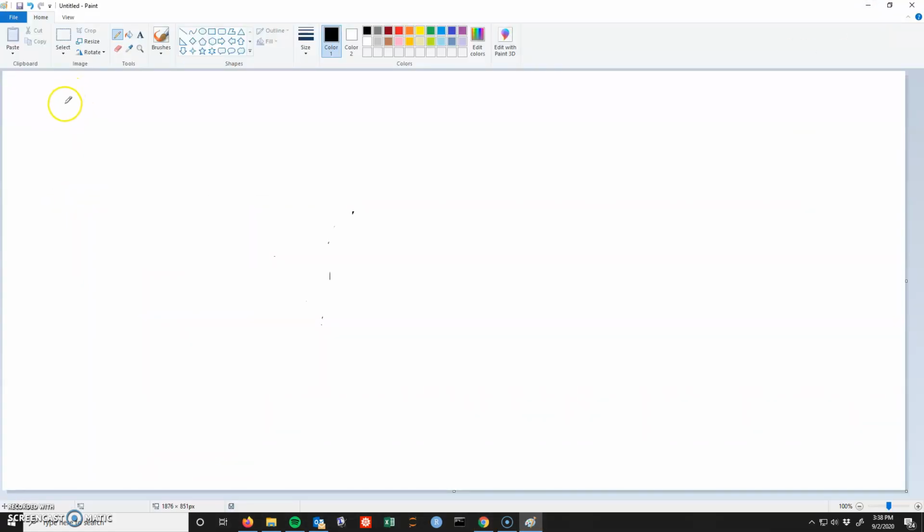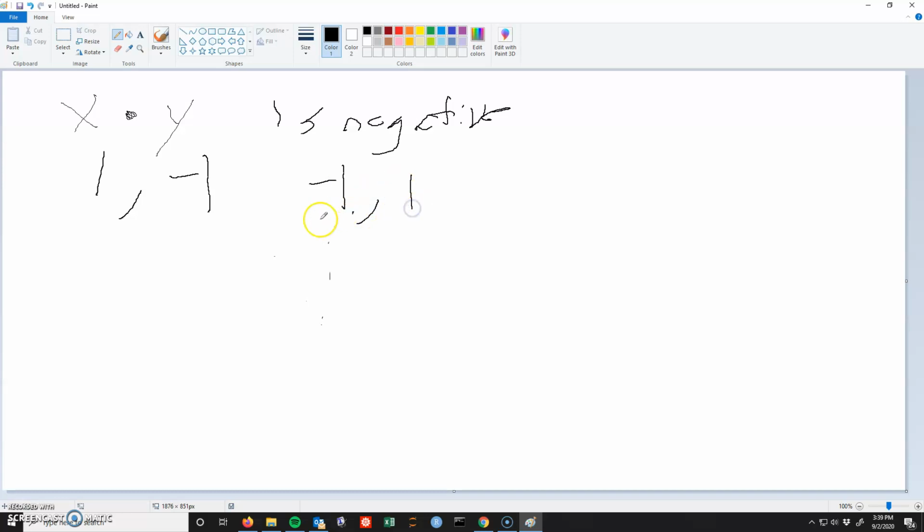So let's start with this one, that x times y is negative. When I think about this one, I'm thinking about two numbers and multiplying them. To get a negative number when I multiply, I generally have to have a positive number and a negative number. Well, if I think of 1 related to negative 1, I also could think of negative 1 being related to 1.